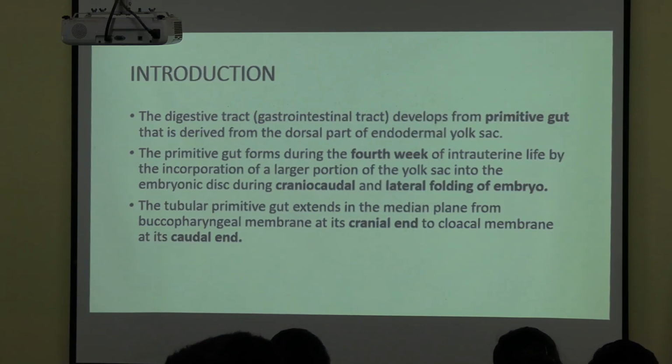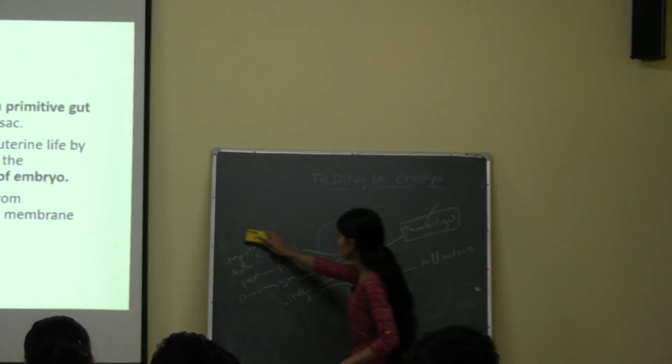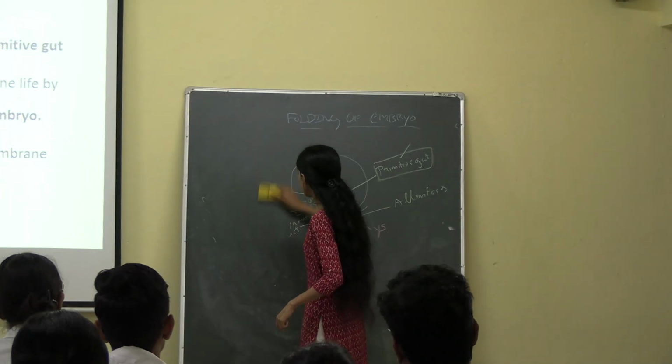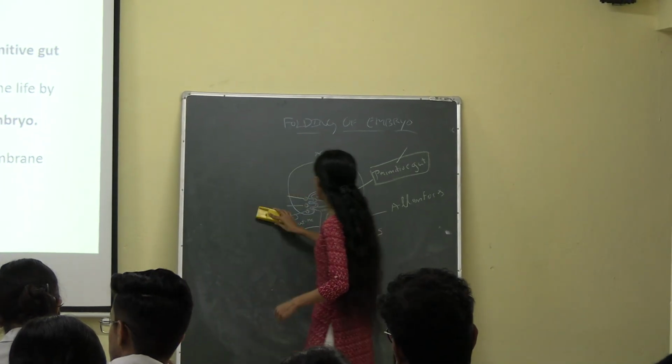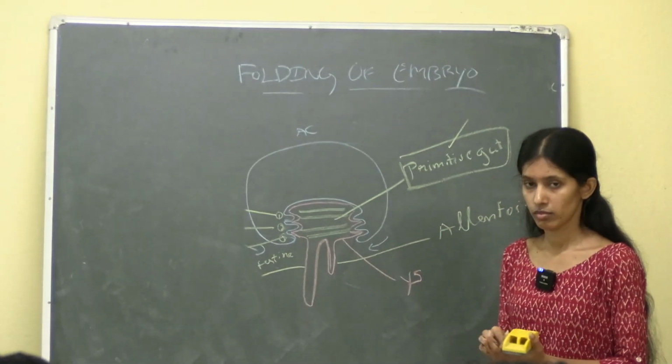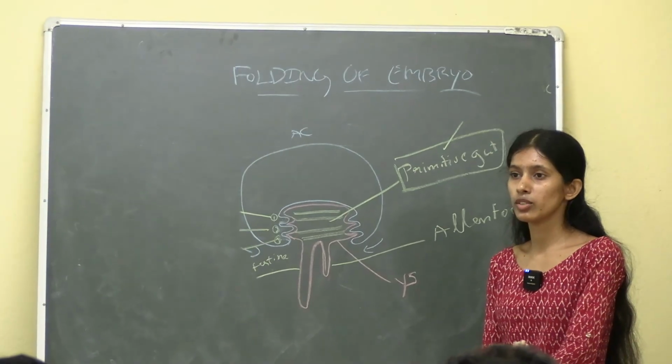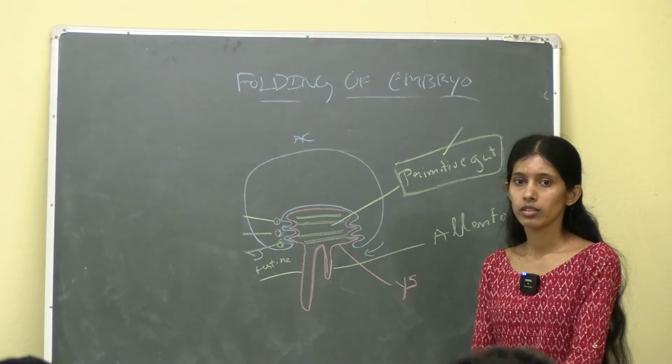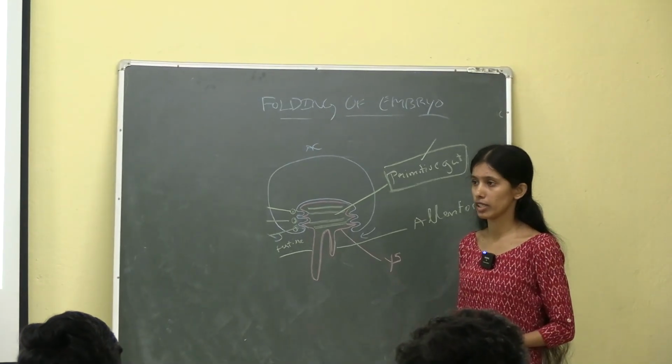What are the parts of primitive gut? Foregut, midgut and hindgut. How do we classify them? There are different ways to classify your gut or parts of the gut.